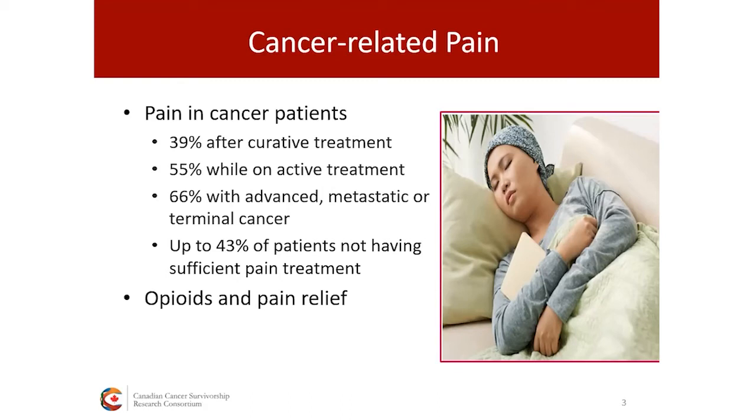Recently it has come to notice that a lot of cancer patients are under-treated for cancer pain. The mainstay treatment for cancer pain has been opioids for a long, long time, but they come with their own set of side effects, such as nausea, vomiting, and sometimes they may also interfere with other medications that the cancer patients are on.